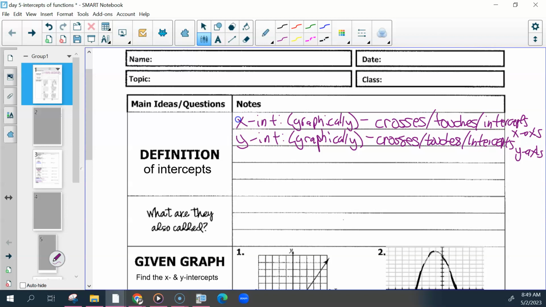Algebraically, for your x-intercept, your y value is 0. For your y-intercept, your x value is 0.